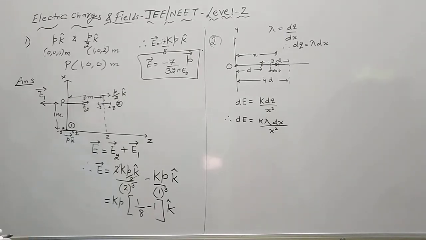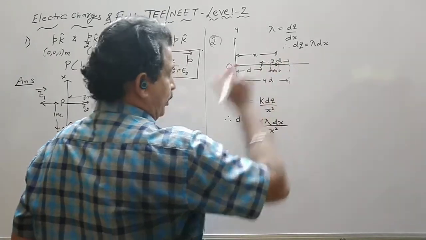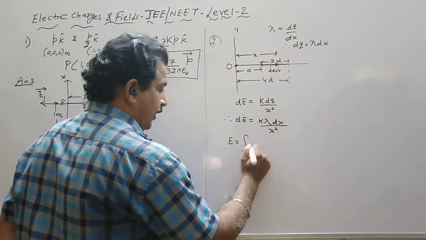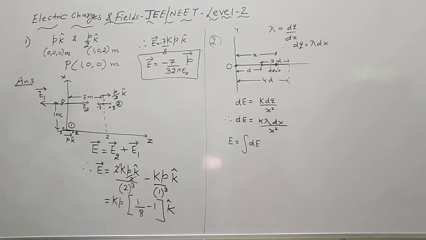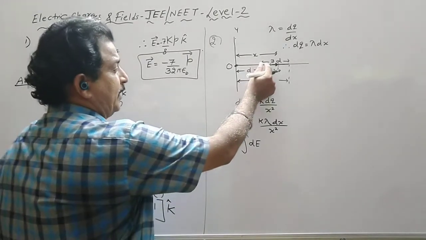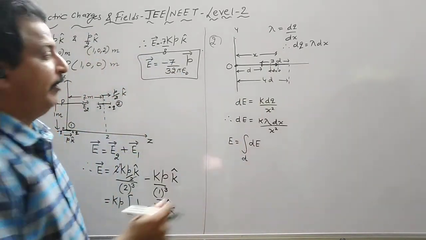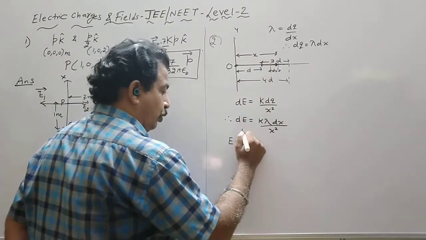We have to find the electric field intensity due to the entire rod. So the electric field intensity is equal to the integration of dE. Now the limits. If I take the first element, it is at a distance d, and if I take the last element, its distance from the origin will be 4d.